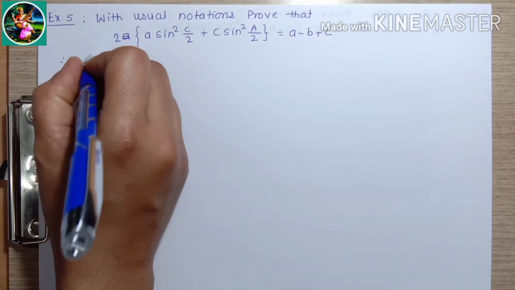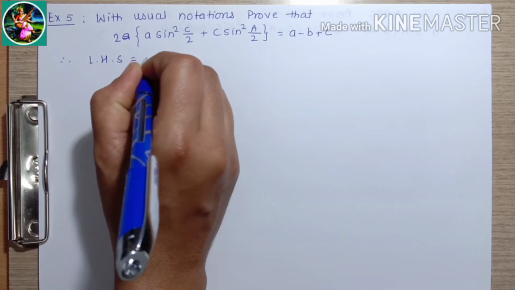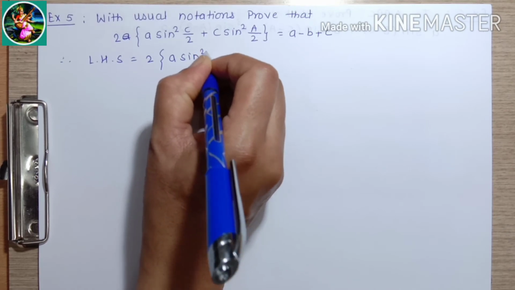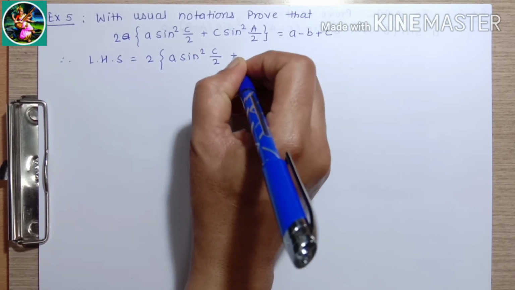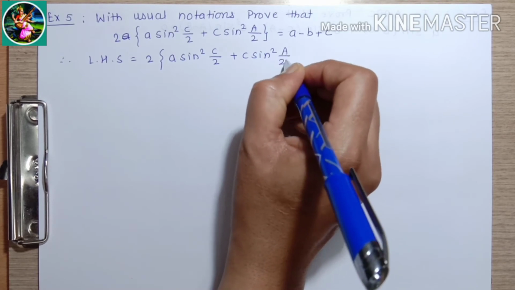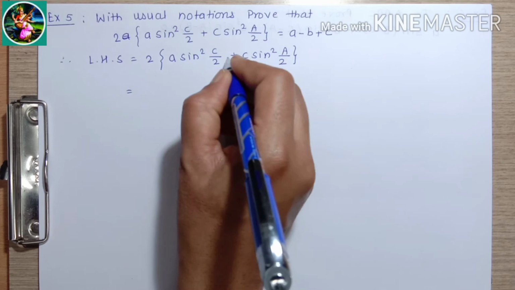Here we consider the LHS, that is 2 into bracket A sin square C upon 2 plus C sin square A upon 2. Now we multiply this 2 into the bracket.